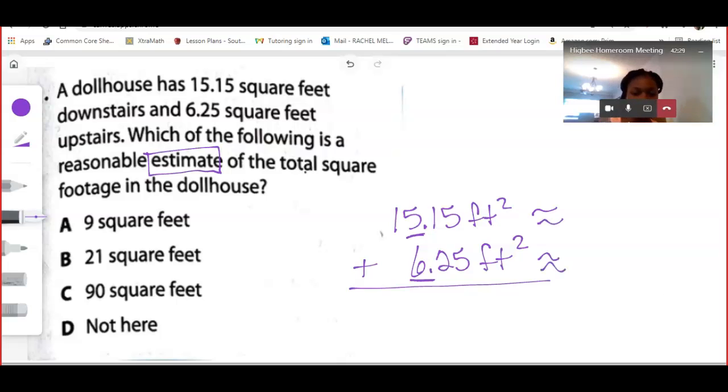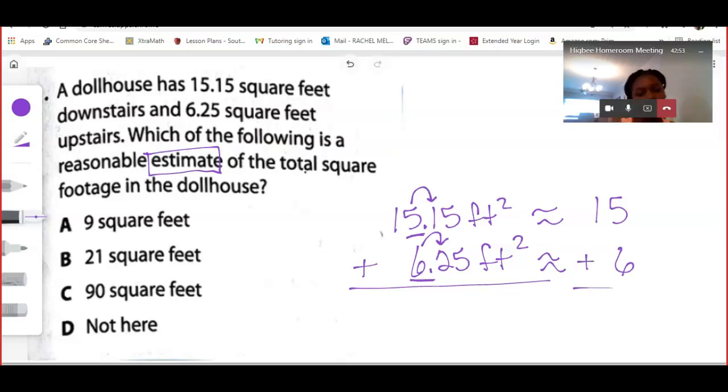Looking next door, is that going to stay a 15 or go to a 16? Look at the number. 15. Looking next door, would that round to a 6 or a 7? 6.